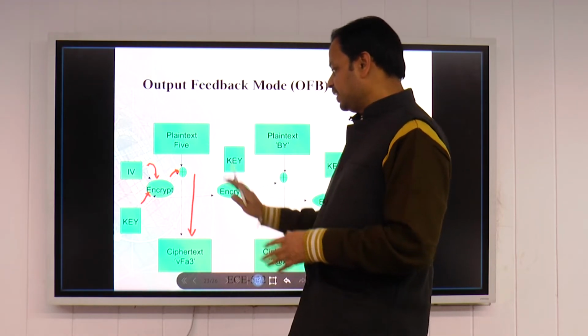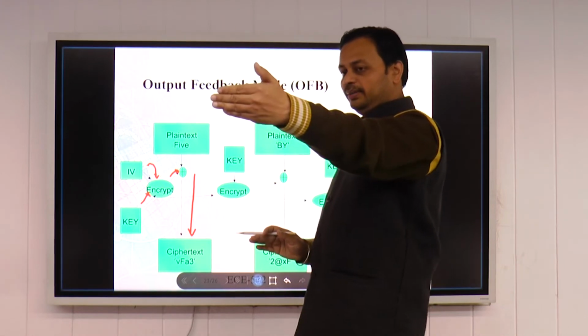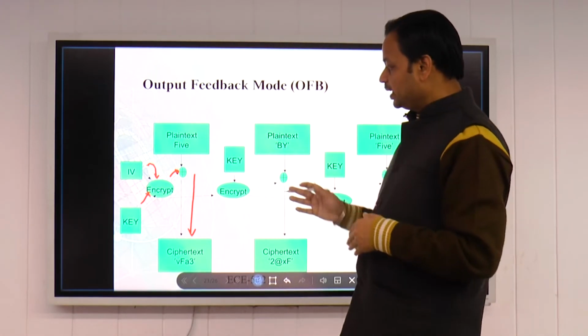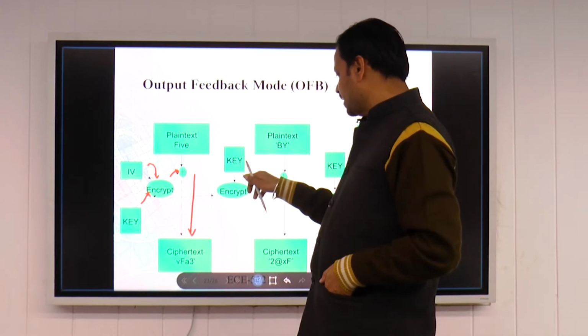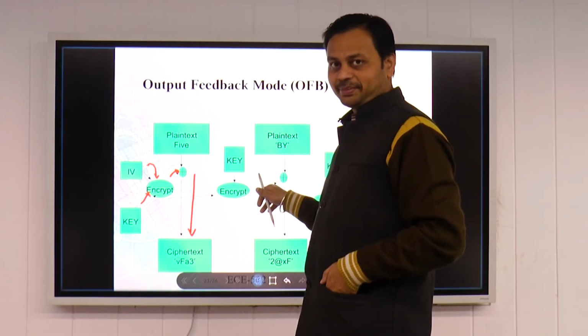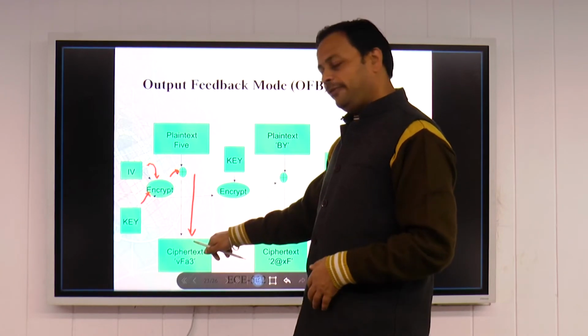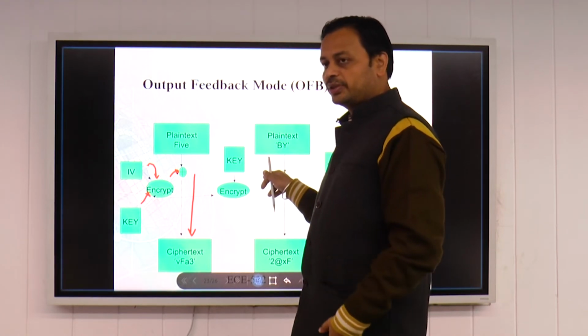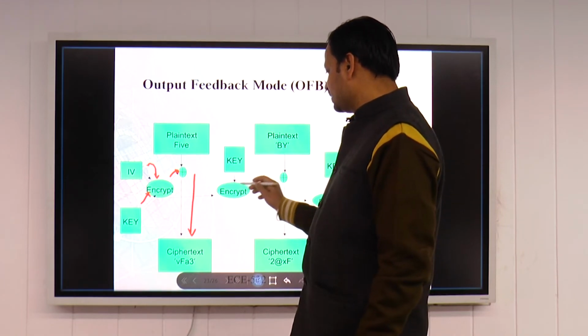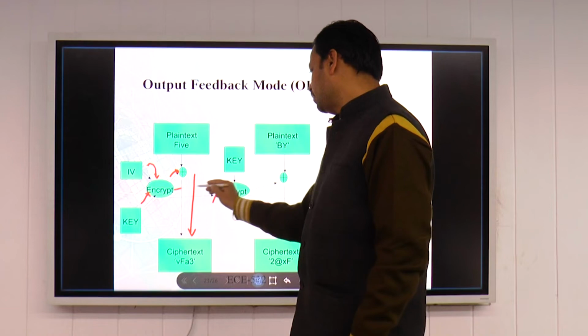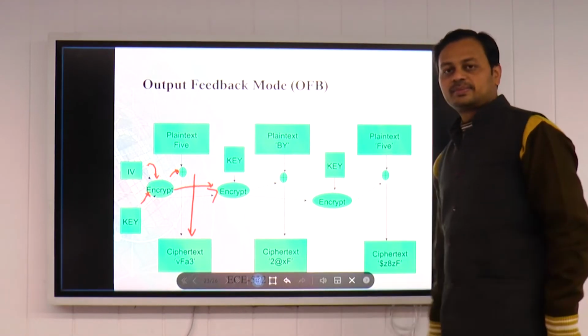Nothing is changed in this step between the previous method and this mode. But if you remember, in the last one, the ciphertext is used as the initialization vector for the next step. Now in this case, the ciphertext is not used as the initialization vector for the next step, but the encrypted output is used as the initialization vector for the next step. This is the change. Okay.